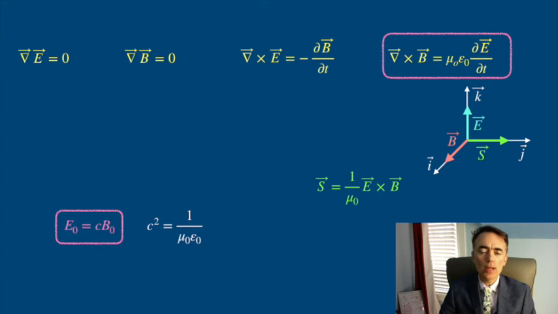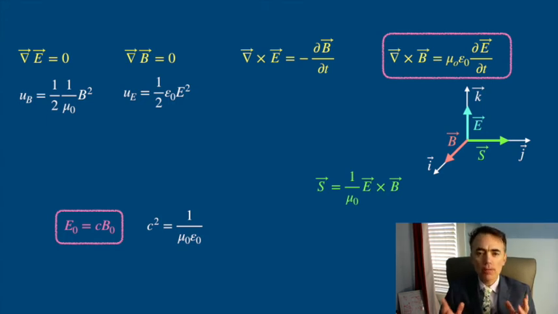From your courses in electricity and magnetism, you know that the energy density of the magnetic field is given by 1/2 of 1 over mu naught B squared. And the energy density of the electric field is 1/2 of epsilon naught E squared. That is a general result for electric and magnetic fields.